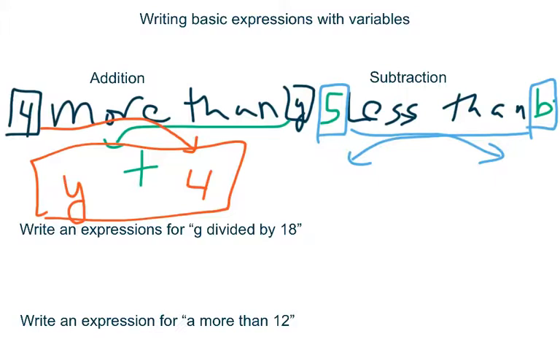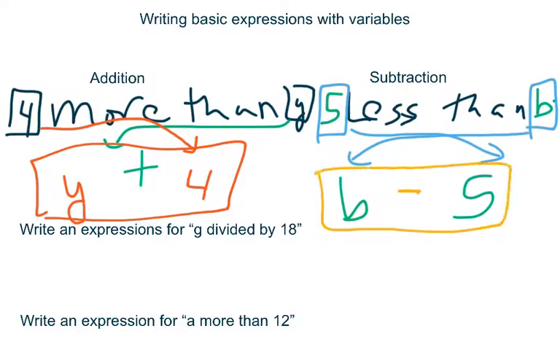And so that will give us b, 5, and then it's less than, so we have a minus sign. Now, unlike addition, subtraction order does matter. So you do need to make sure you have the b in front of the 5. So when you see 5 less than b, that means you have b minus 5. If you have 4 more than y, it should be y plus 4.